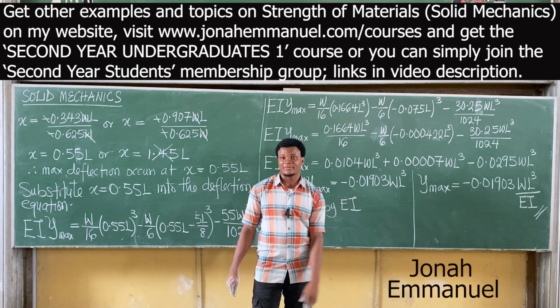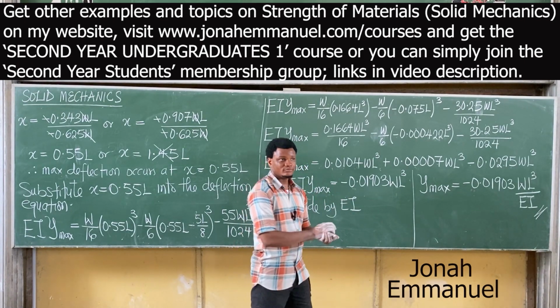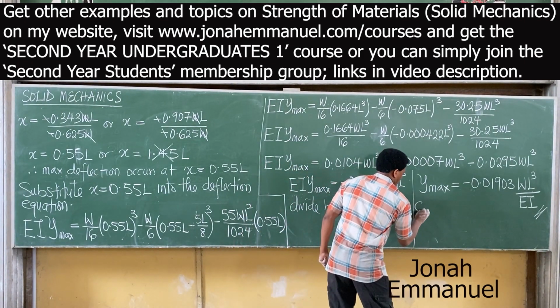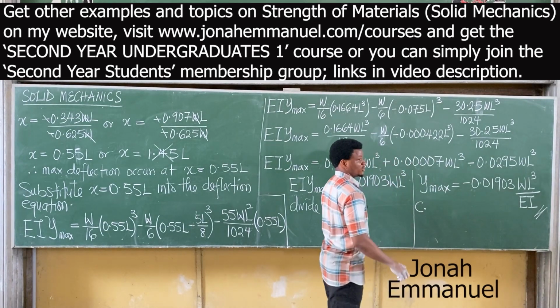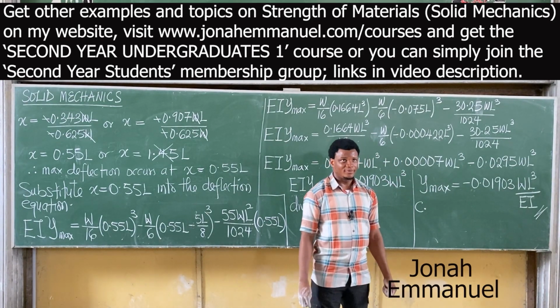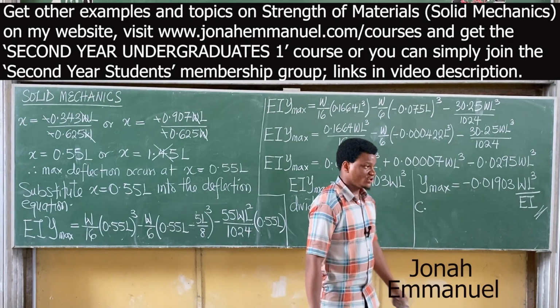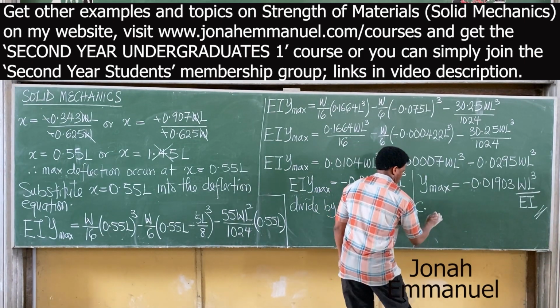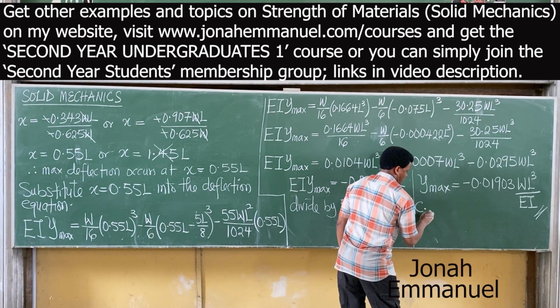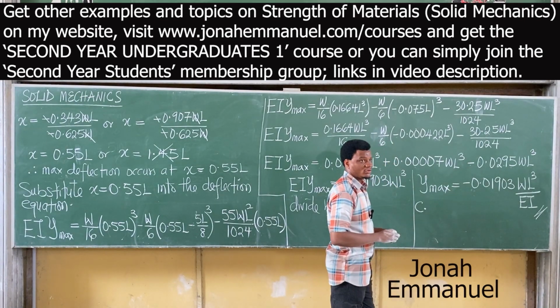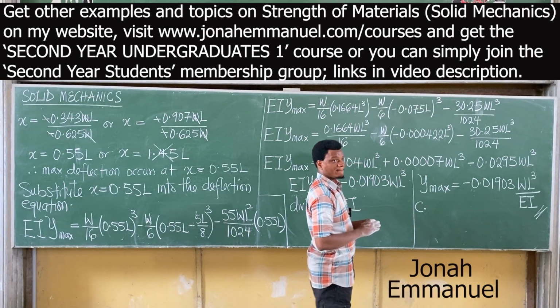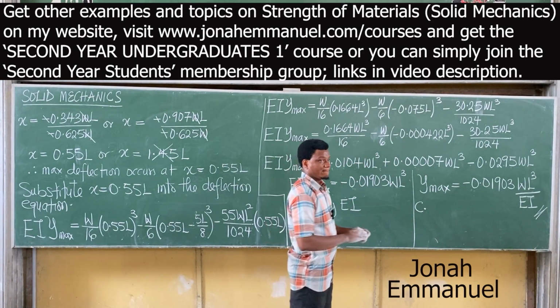And so you have this. What's the C part? Equation of rotation. Rotation at the support is just RE and RC. That's for the C part. You have to find the equation. This is it now.